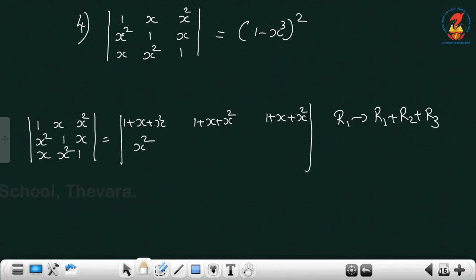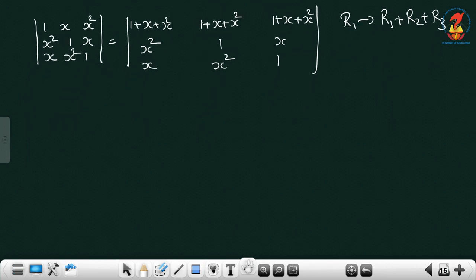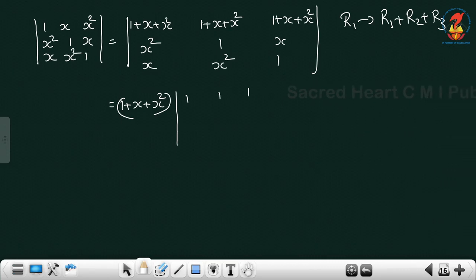So 1 plus x plus x² is common in the first row. We can take that outside. Then the determinant |1 1 1; x² 1 x; x x² 1|.